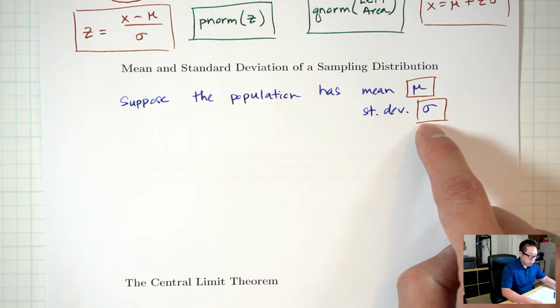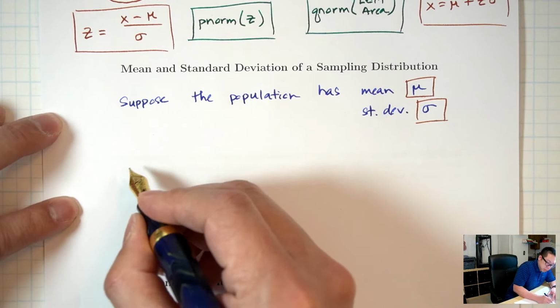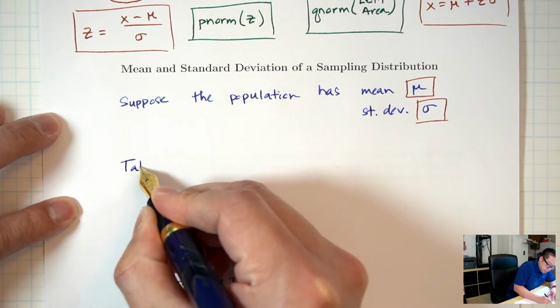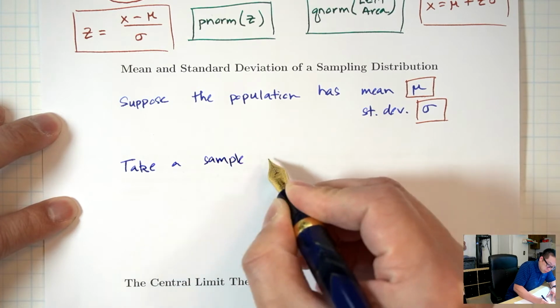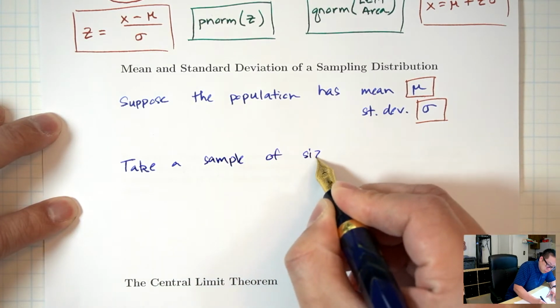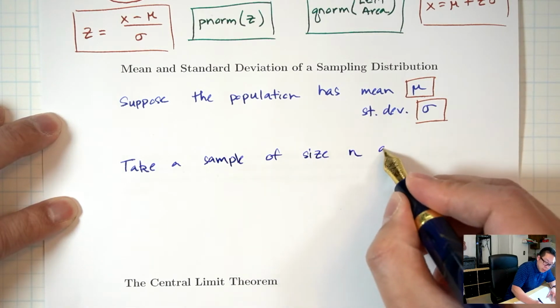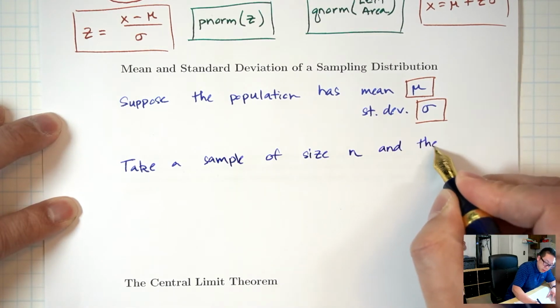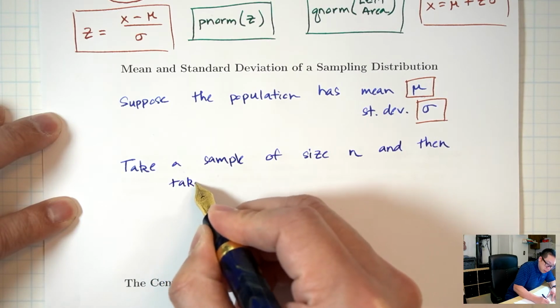And what I'm going to do here is take a sample of size n, and then I'm going to take the average.